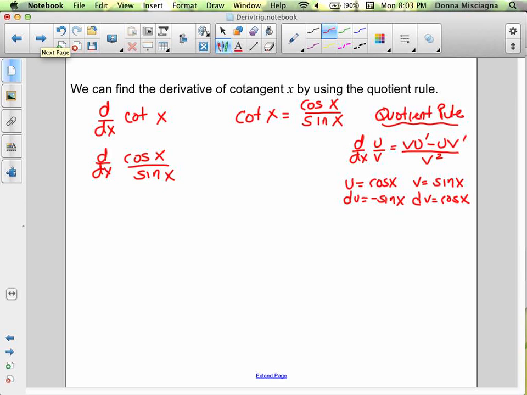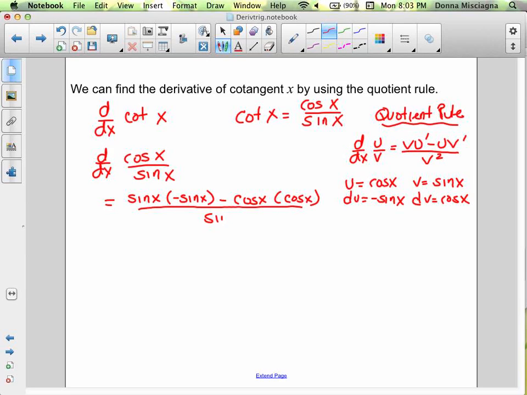So we're taking the derivative, and that's going to be equal to the denominator, which is sine x, times the derivative of the numerator, which is negative sine x, minus the numerator, which is cosine x, times the derivative of the denominator, which is cosine x, all over the denominator squared.